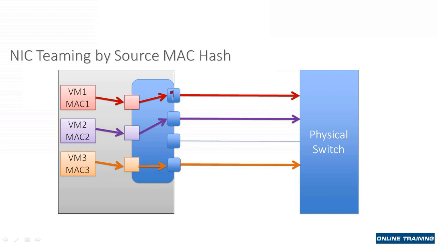If VM1 has a ton of network traffic, let's say it's an FTP server, it can never use the bandwidth of VMnic 2 or VMnic 3. We can't distribute that virtual machine's workload over multiple physical adapters. It doesn't work that way with source MAC hash, and it doesn't work that way with originating virtual port ID.